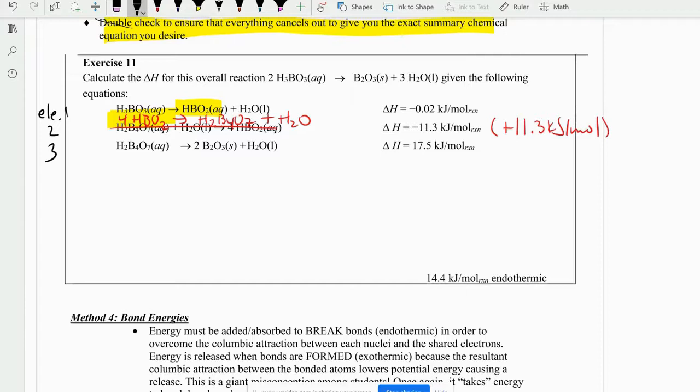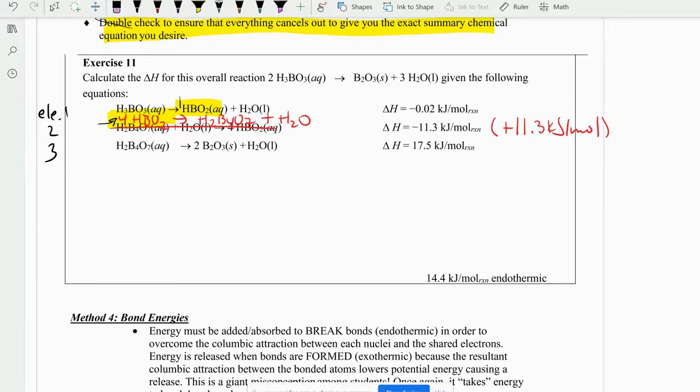Now, here's the thing. Do you see HBO2 over here in the overall reaction at all? No. It's going to be an intermediate. It's going to have to fully cancel out because it is not a part of the overall reaction. So I've got 4 in my elementary step 2, but only 1 in my elementary step 1.